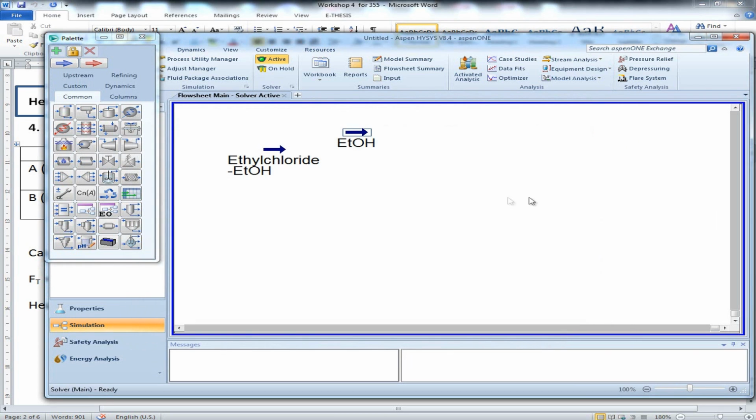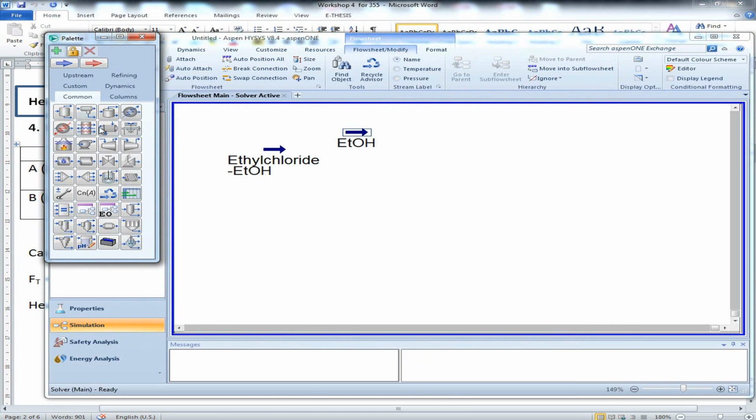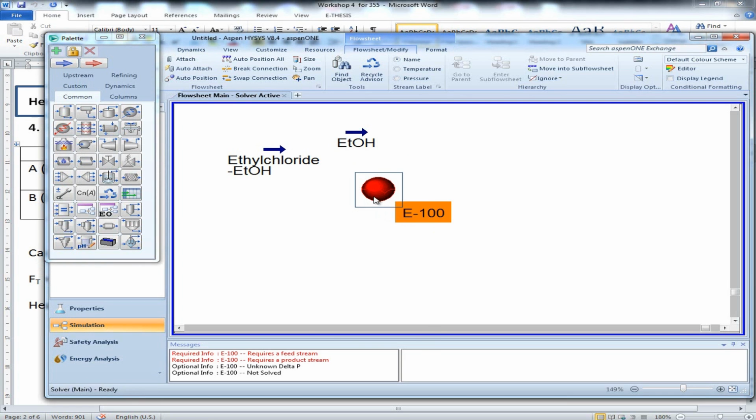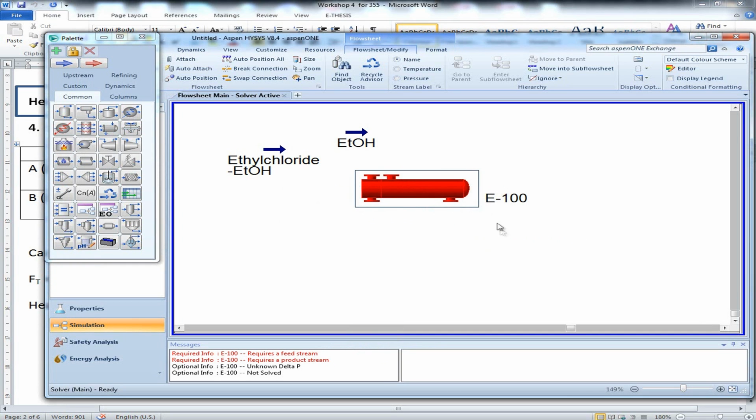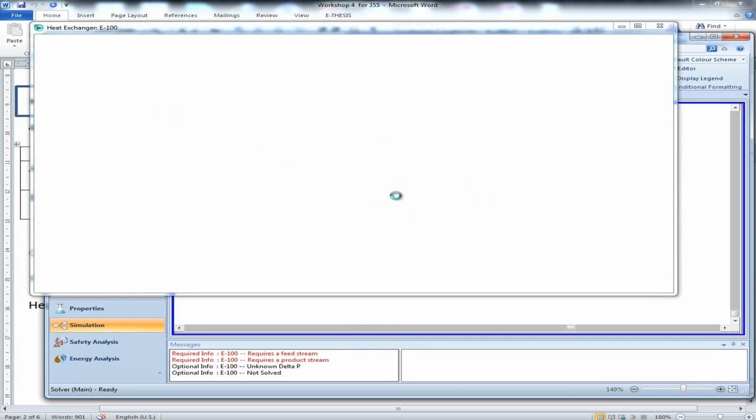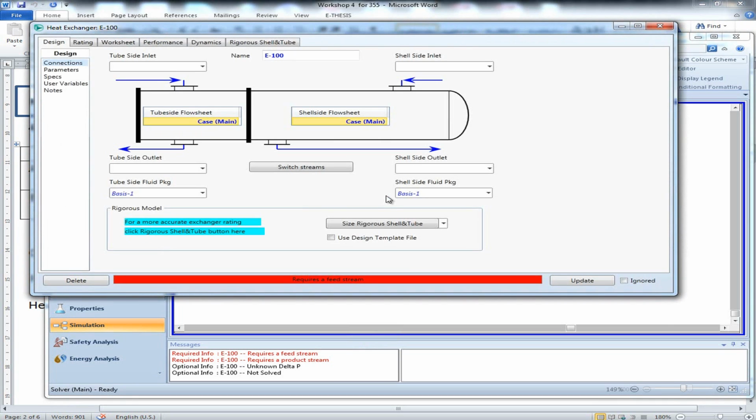Okay, now it looks like we're ready for the heat exchanger simulation. Let's use that and change it to the one that we're familiar with. The ethyl chloride mixture with ethanol goes to the tube, while the ethanol goes to the shell.